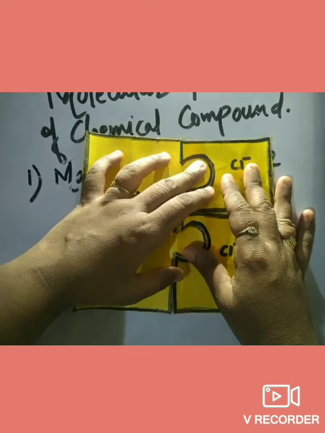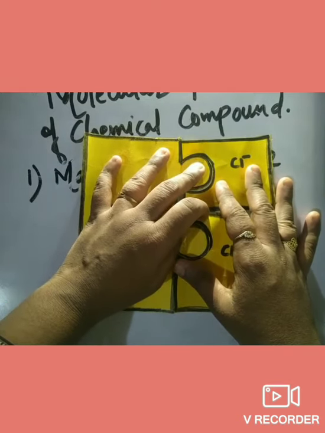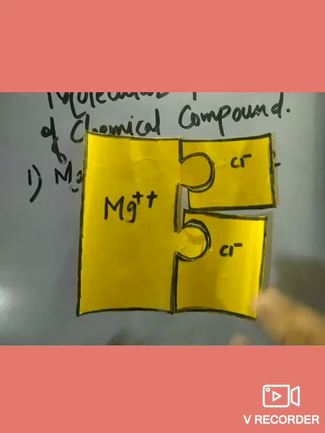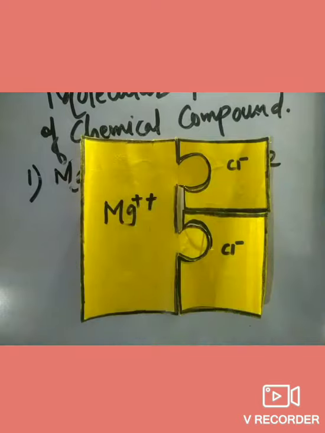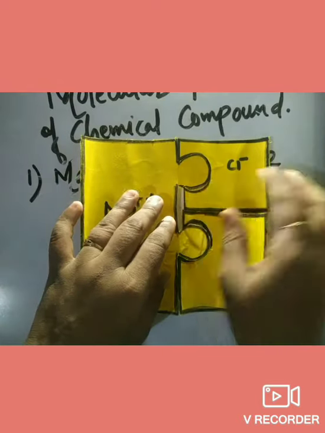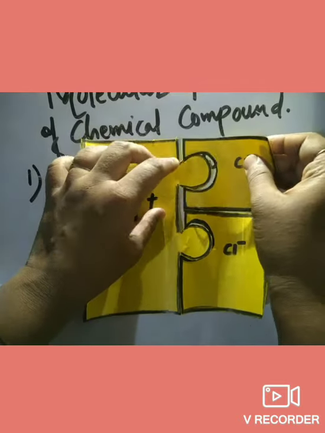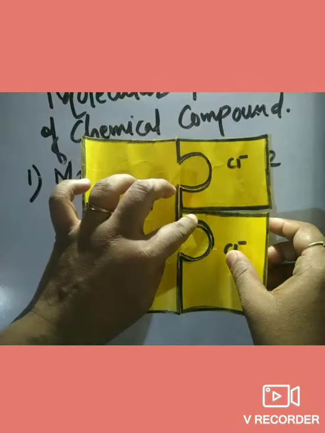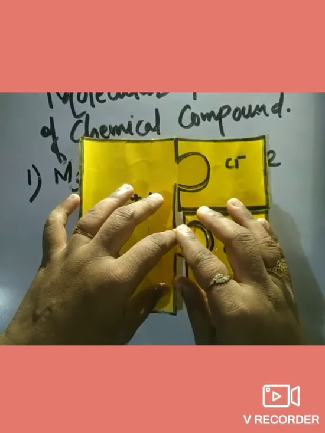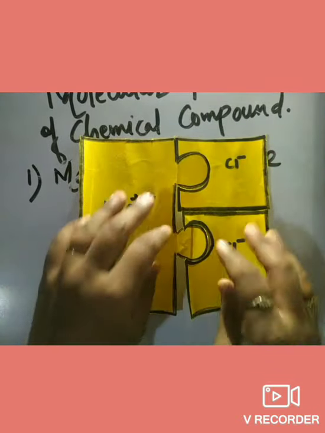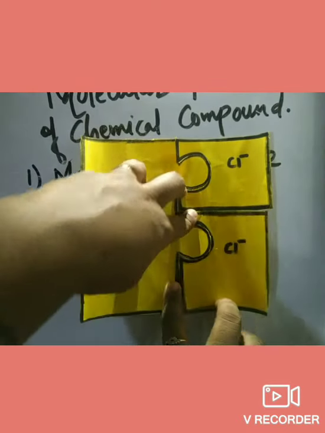Now here you can see the compound is complete. This chlorine and this chlorine combine with magnesium, making a complete compound, magnesium chloride.